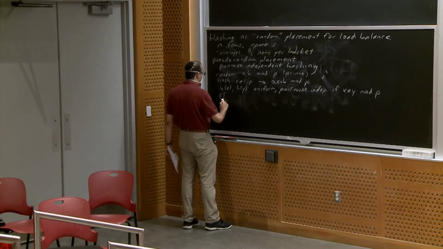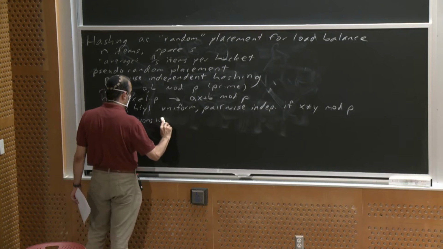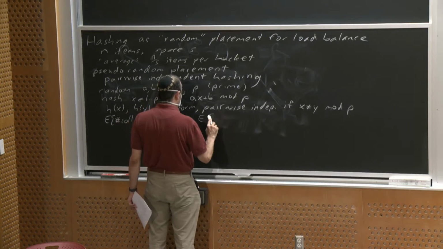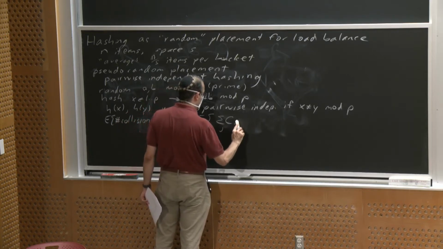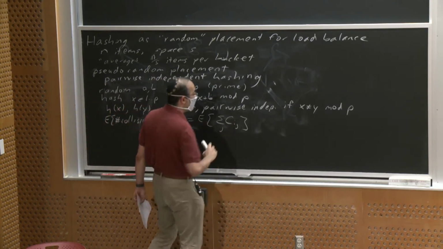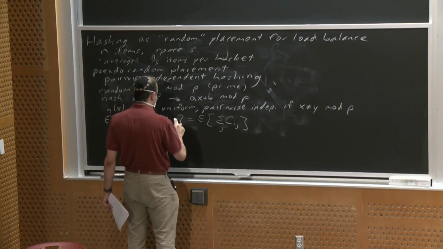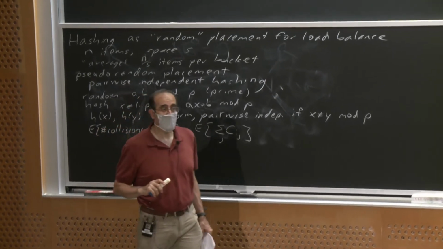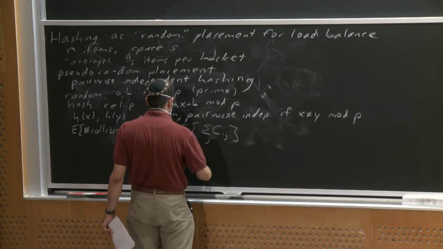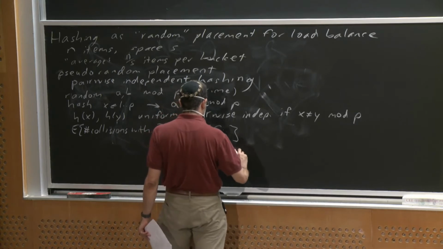So the expected number of collisions with item i was equal to the expected value of the sum over j of C_ij, right? But because the positions, sorry, I should be using x and y again. Let's stick with i and j. Because the positions of i and j are pairwise independent, this is the sum over j of the probability that i collides with j.